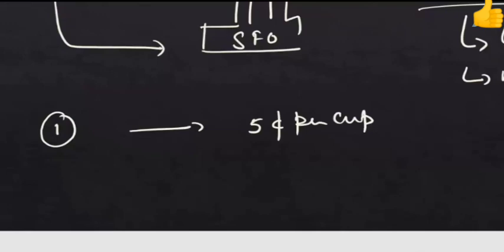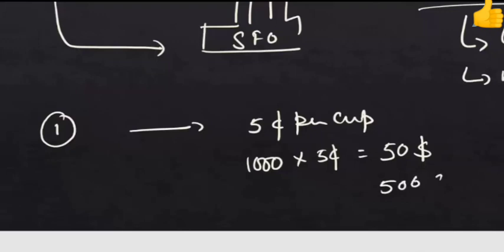Let's say every day your shop consumes, let's say, 1000 cups, right? So that's 1000 into 5 cents. That becomes $50, right? So you do the math and say there are 10 shops in Chicago and you end up with $500 worth of coffee cups.